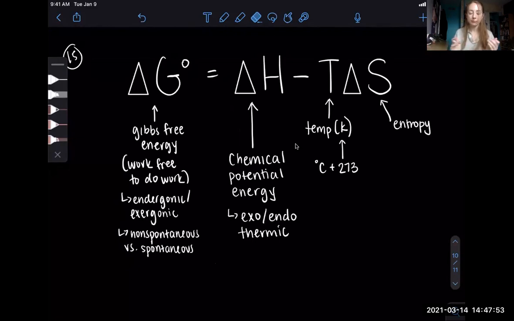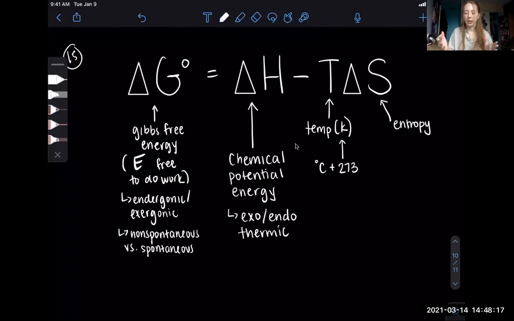So let's break this down. What is delta G? It is Gibbs free energy, the energy free to do work. And that defines if something's going to be endergonic or exergonic. It defines if your reaction is going to be spontaneous or non-spontaneous. Delta H is enthalpy.